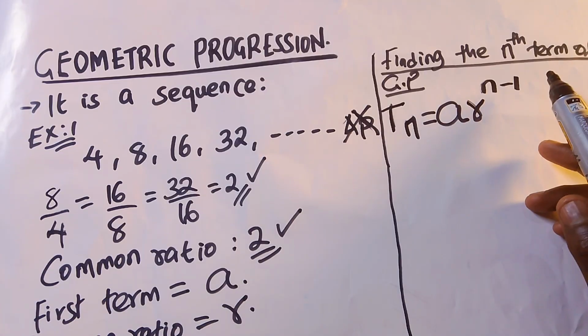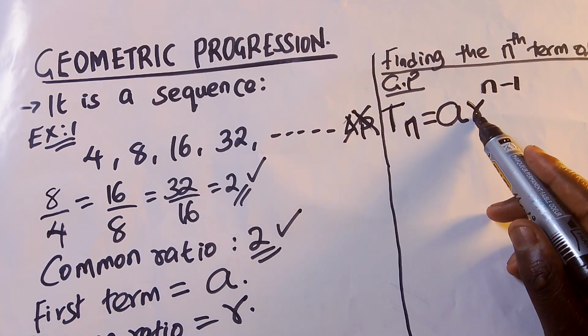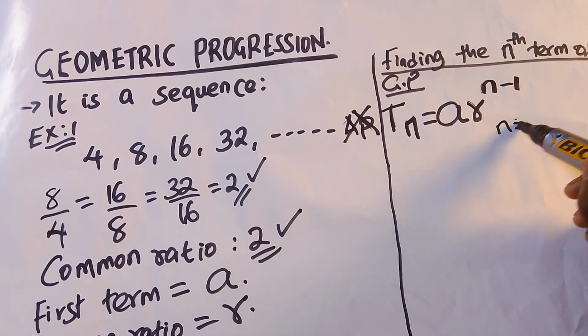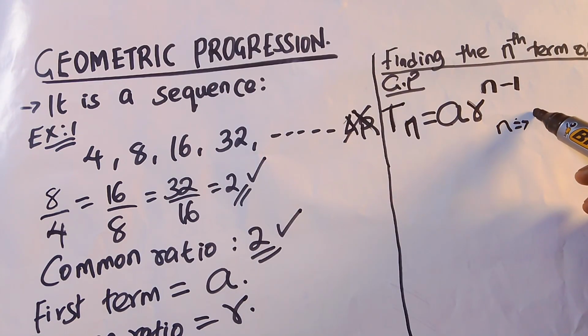That is Tn = AR^(n-1), where A represents the first term, R represents the common ratio, and n represents the number of terms.